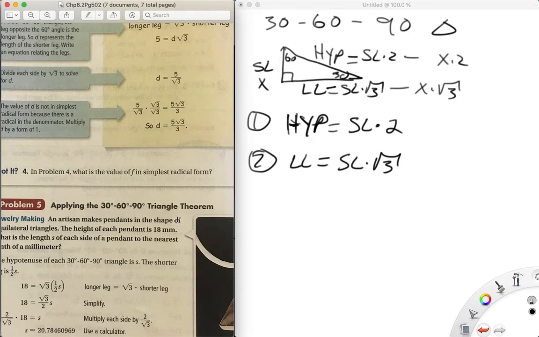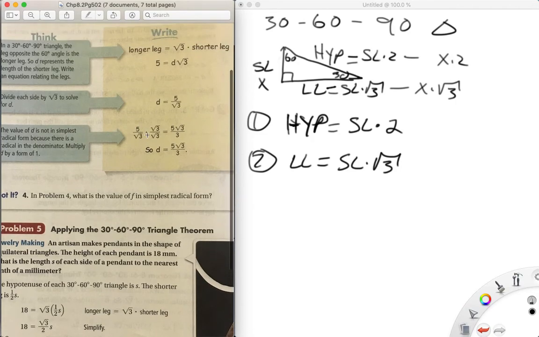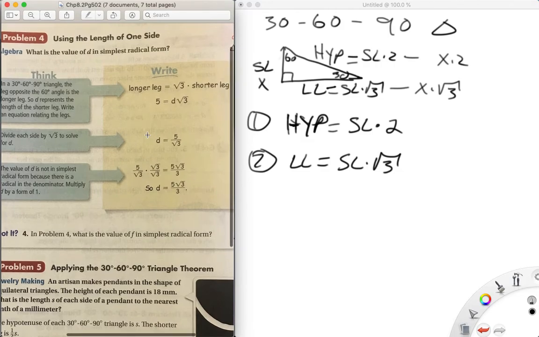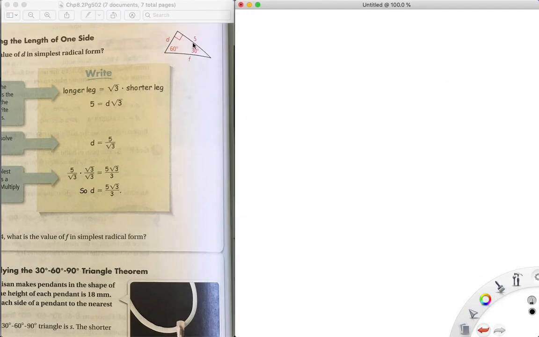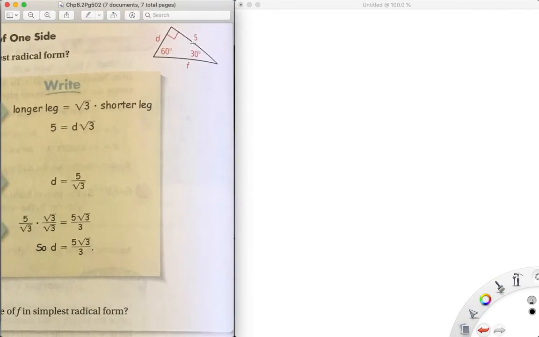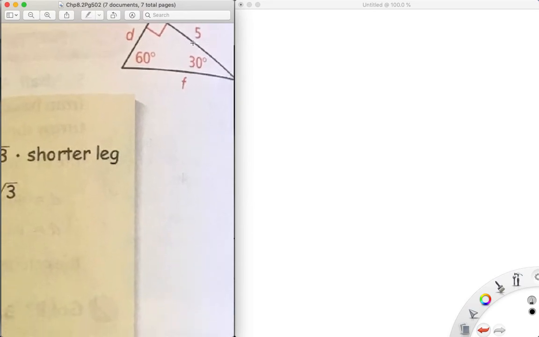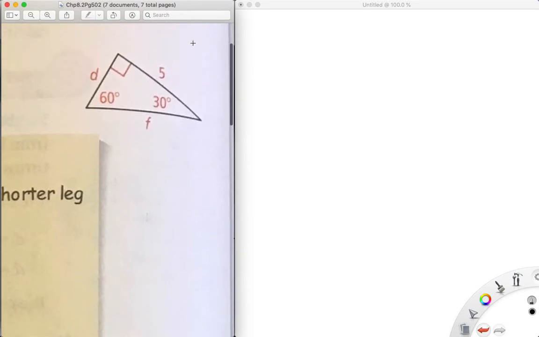What is the value of f in simplest radical form? Okay. So if we go up here, they want to know the value of f, and they say simplest radical form. So we have a 30, 60, 90.